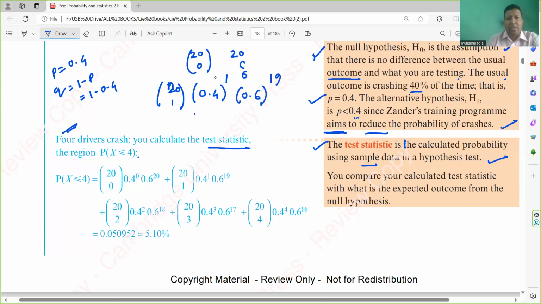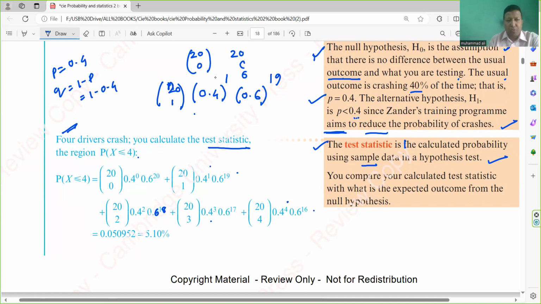So 20C1 times 0.4 to the power 1 times 0.6 to the power 19, plus 20C2 times 0.4 squared times 0.6 to the power 18, plus 20C3 times 0.4 cubed times 0.6 to the power 17, plus 20C4 times 0.4 to the power 4 times 0.6 to the power 16.